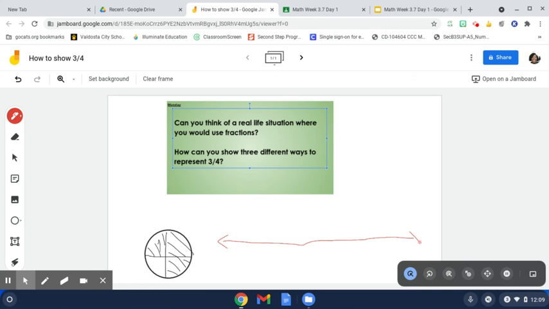I want to show 3/4. Here, this would be 0 as one endpoint, and this would be 1 over here. And then I would divide it in half here, divide it in half here, and now I've got 4 parts, and this would be 1/4, 1 out of 4.